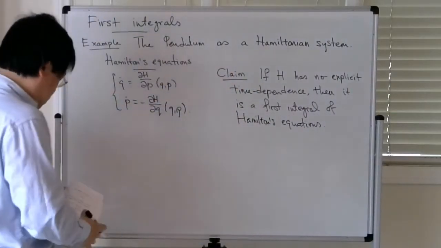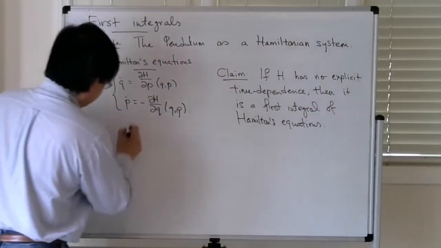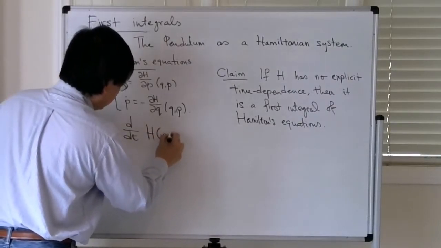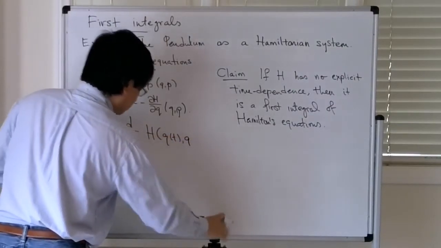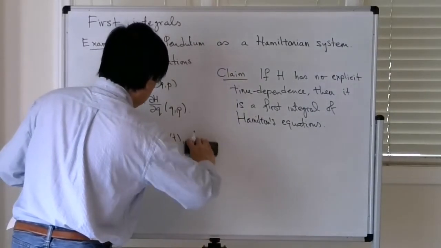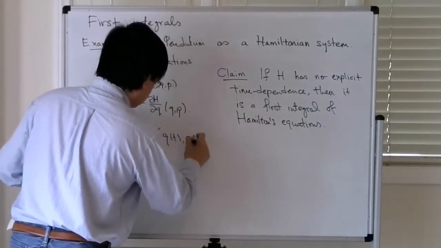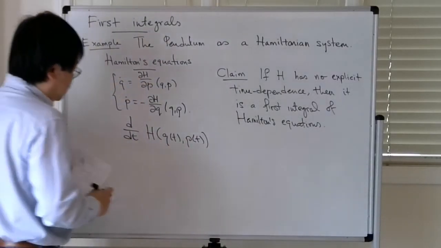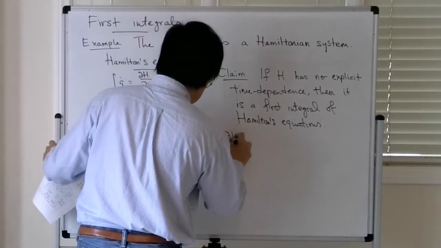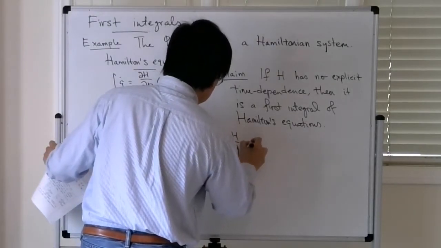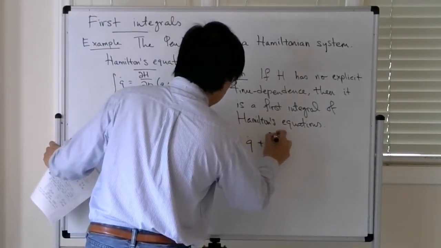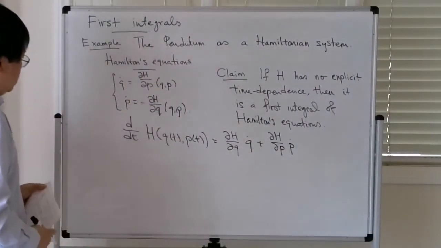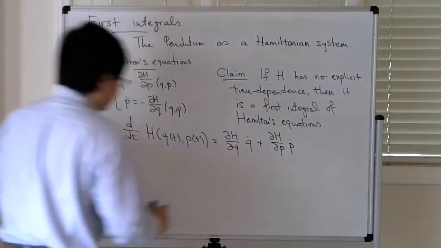Okay, so let's look at that. If you take the time derivative of the Hamiltonian along a solution curve of the differential equation, then by definition you get dH dq q dot plus dH dp p dot. Then you can substitute Hamilton's equations into this.